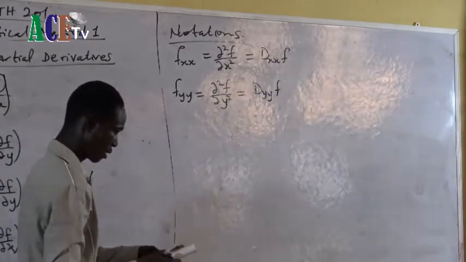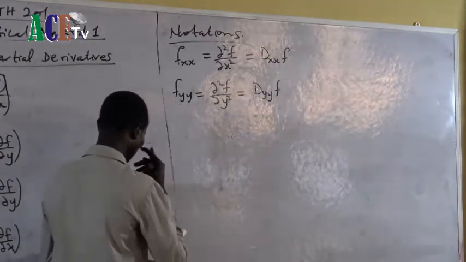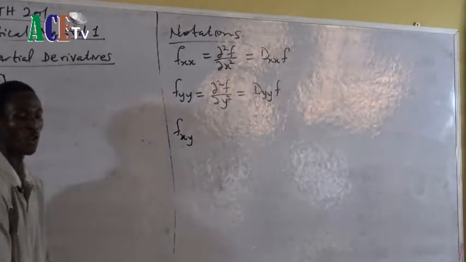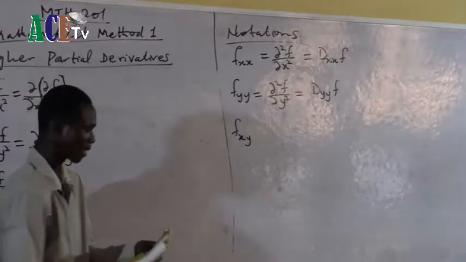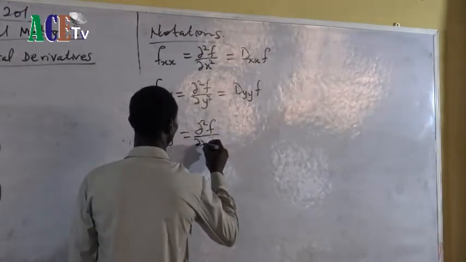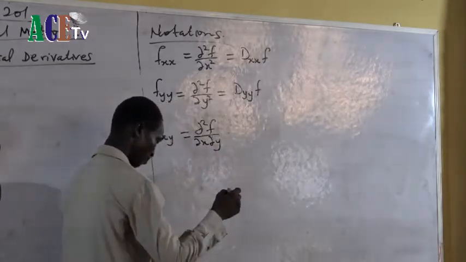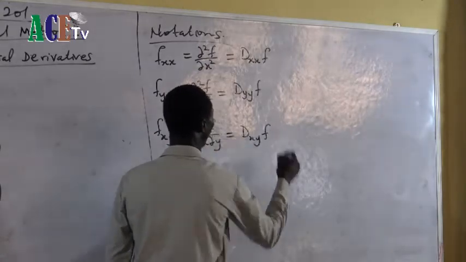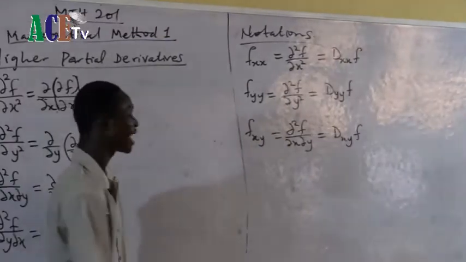Then, if you see f of xy, it means the square f, the x, the y, which is the same thing as d of xy of f. So those are the ways I can write that one.